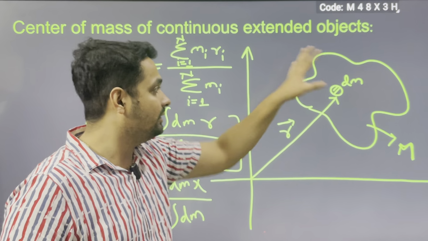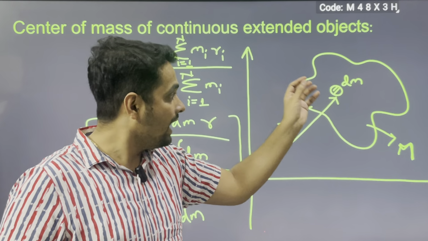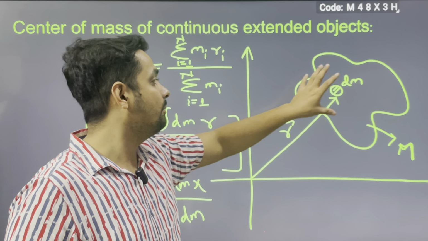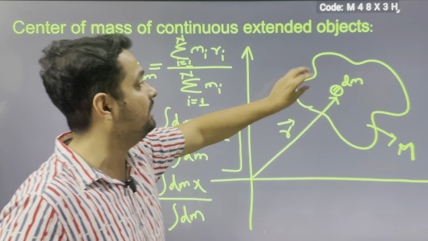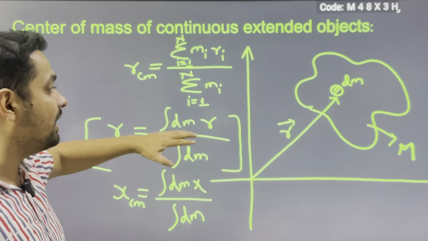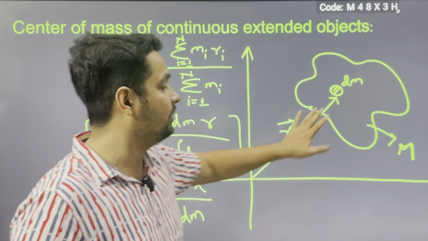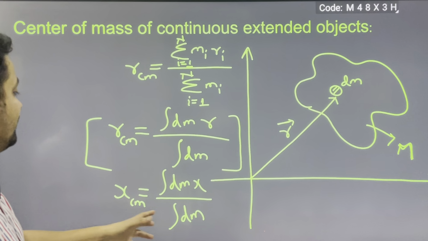Here, in a continuous body, I took a small part, found its mass moment, and like that so many small parts are there; their mass moment integration divided by total mass. If I integrate dm, that gives the total mass.